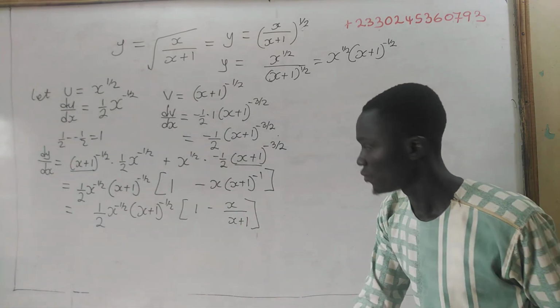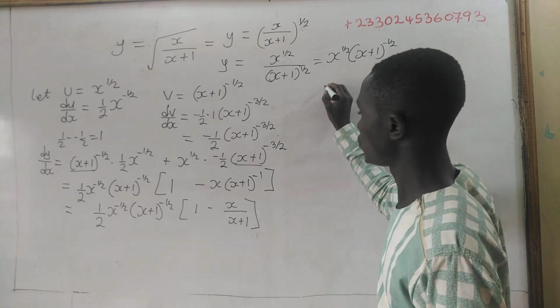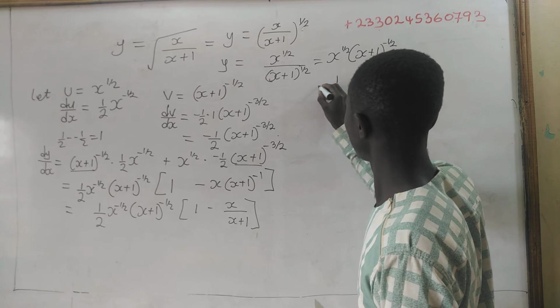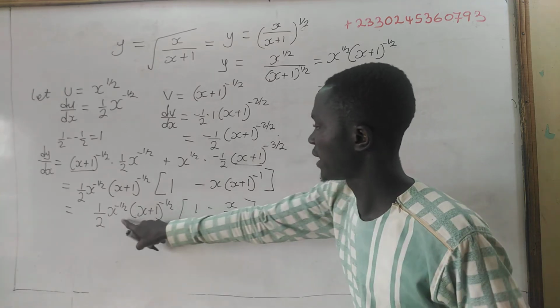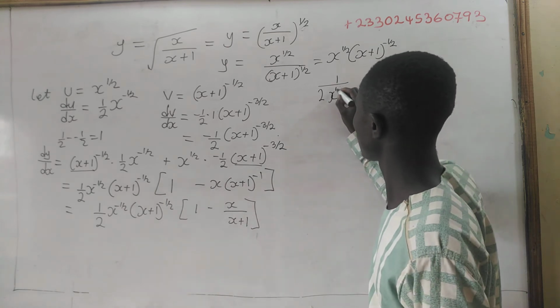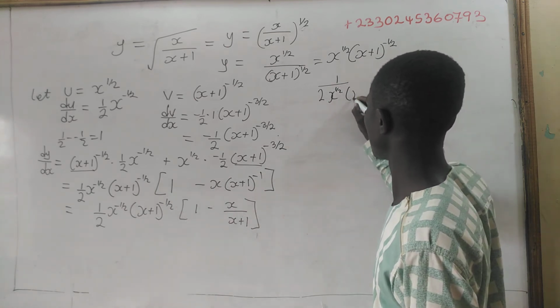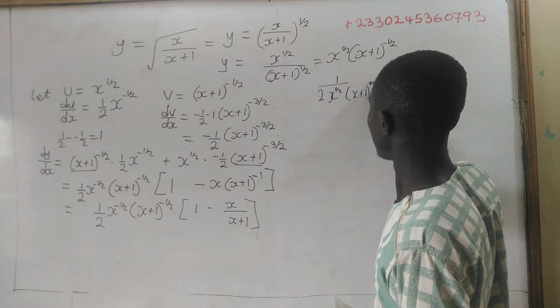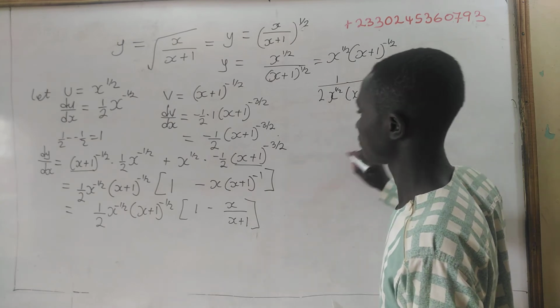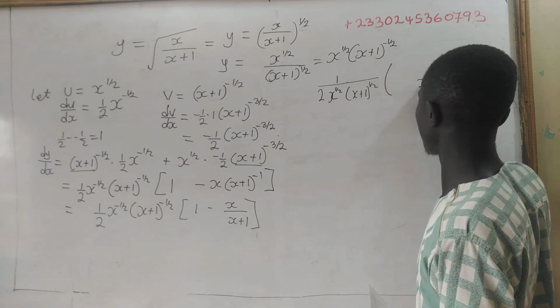So here we are going to have this equal to 1 on 2, then x power minus half will be x power half. x plus 1 power minus half will also come down to become x plus 1 positive half. Times, here the LCM is x plus 1, so we write x plus 1.